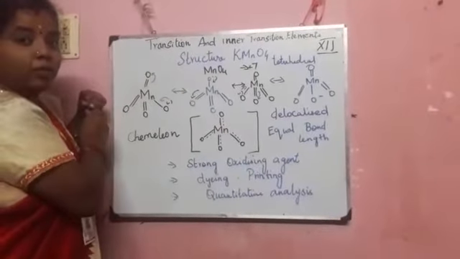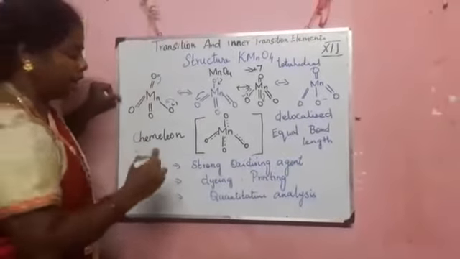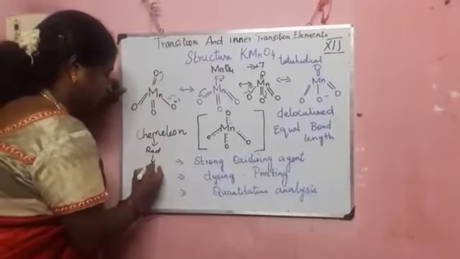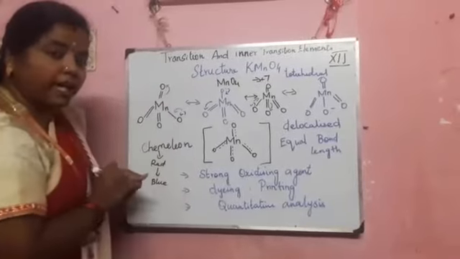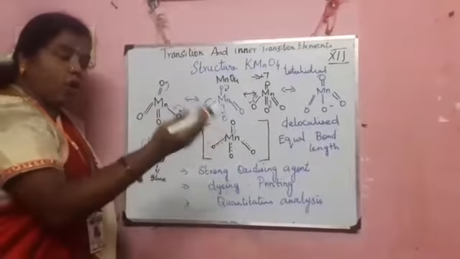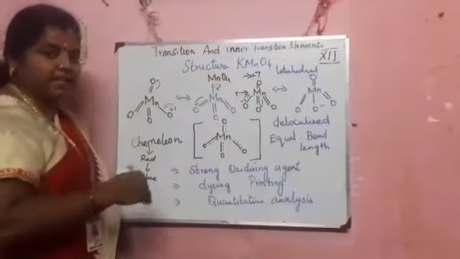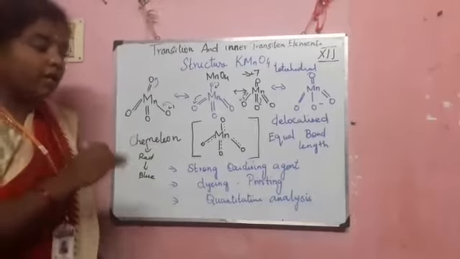Usually it is purple in color, but according to the color of the solution, it can appear red or blue. Usually it is purple, and it changes according to the reacting substance, so it can form some other colors also. That is why it is called a chameleon solution.